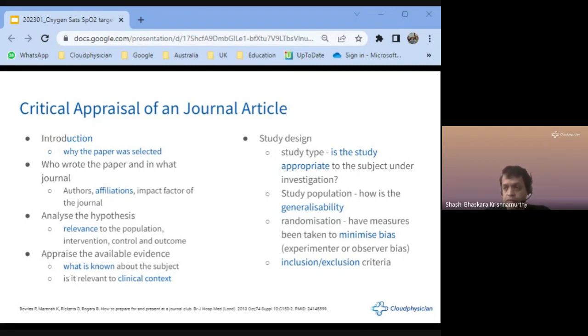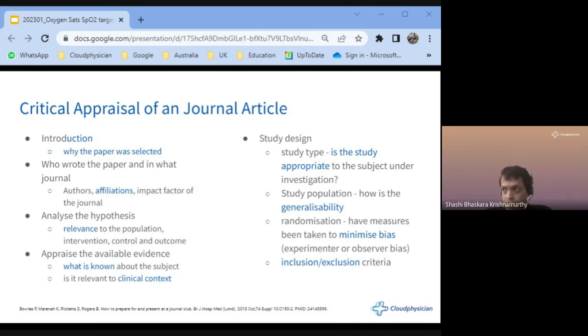And this is about only the question which has been asked, and then it follows on to see, is there available evidence, and what has led to this question, and how relevant the study is to the clinical context of where the study is being done.